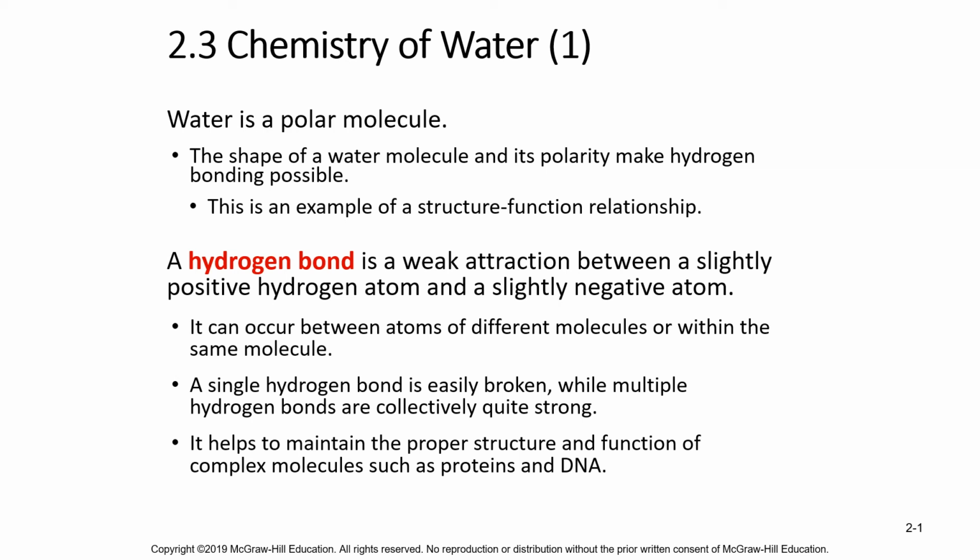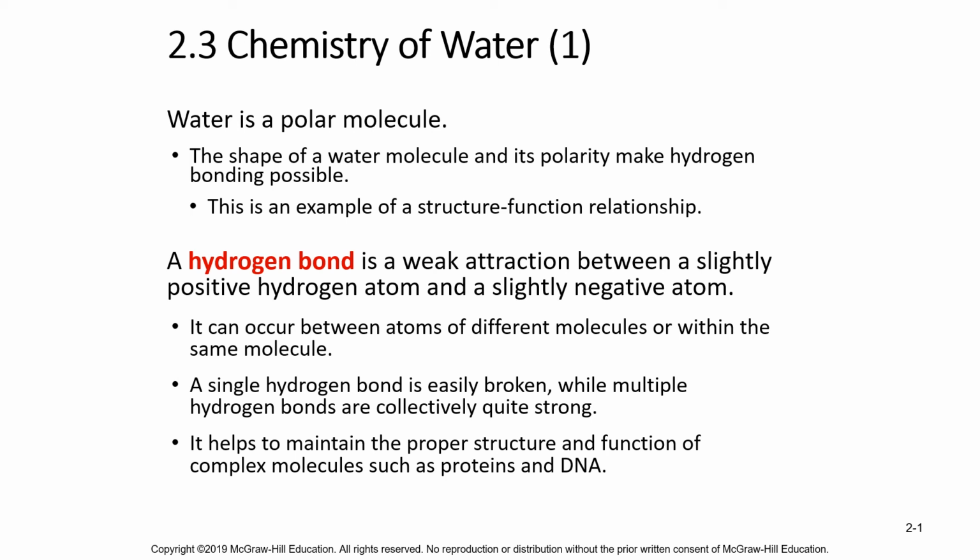It's typically going to be opposites attracting, so hydrogen atoms in a polar covalent bond are typically going to be slightly positively charged, and we'll look at water in a second and I'll remind you why. And then an electronegative atom like oxygen or nitrogen is going to be slightly negatively charged, and those opposite slight charges will attract.